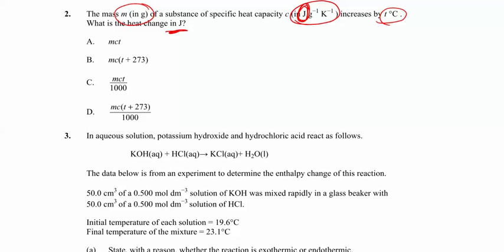So in other words, the answer is simply A, mc delta T or mcT, same thing. Okay, you do not need to add 273 because it's the change in temperature. You do not need to divide by 1,000 because I don't want it in kilojoules. The mass is not in kilograms, etc.